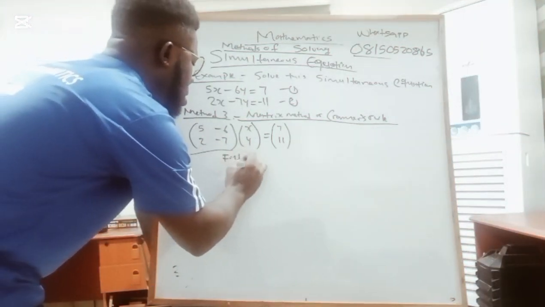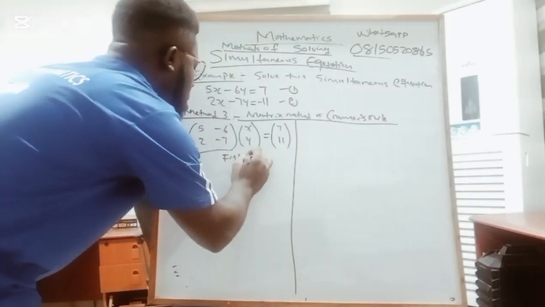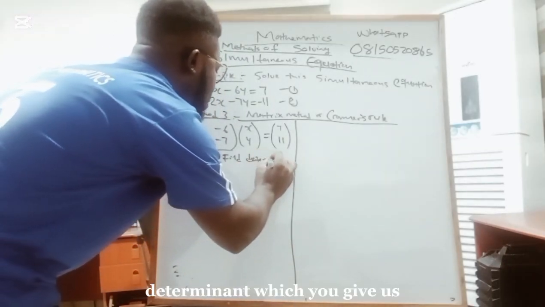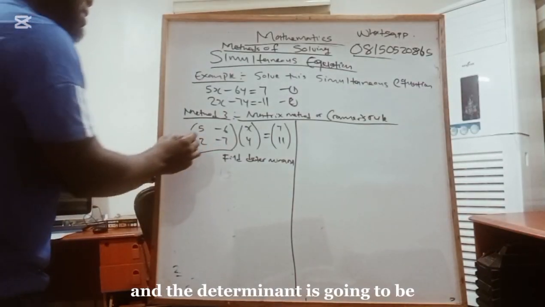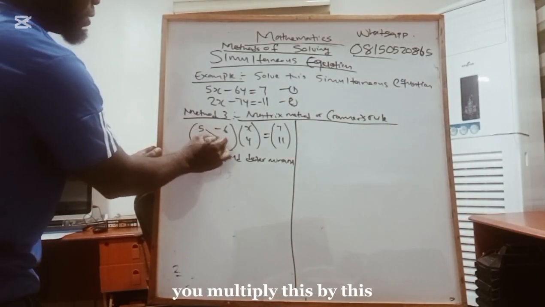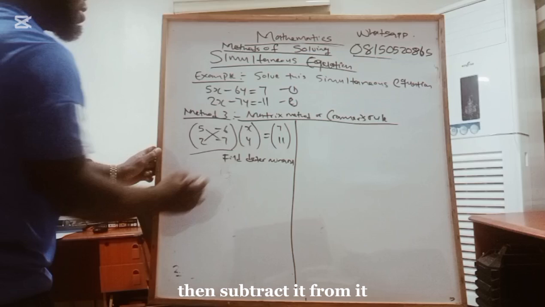Find the determinant, which will give us, and the determinant is going to be, you multiply this by this, then subtract it from this.